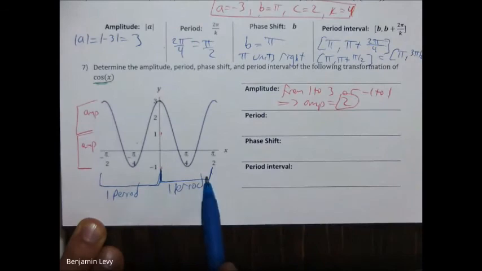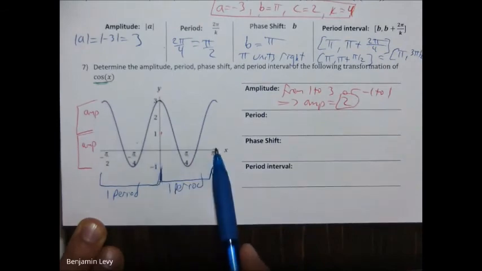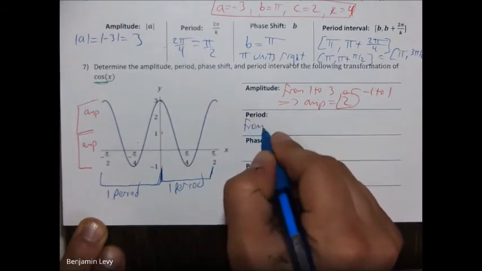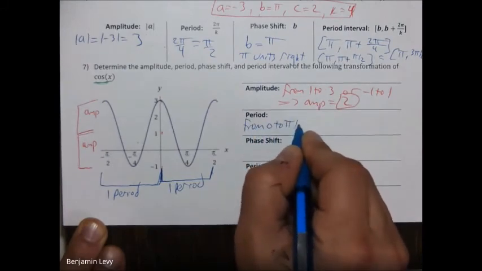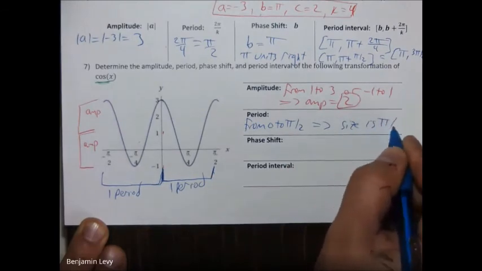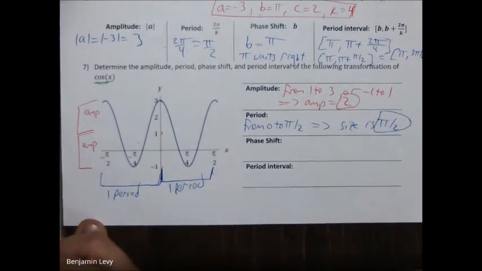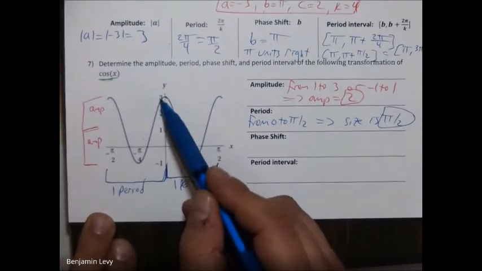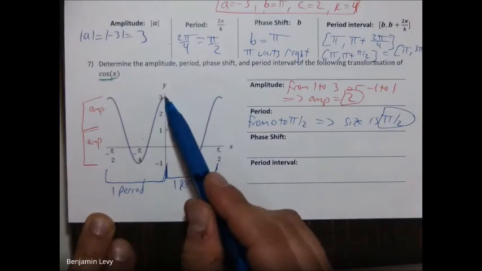We've marked out the period. The period starts at 0, goes to pi over 2. That's a distance of pi over 2. So the period of this thing has size pi over 2. Phase shift is whether or not it's shifted left or right. Well, cosine usually starts at 0, and this one still starts at 0.